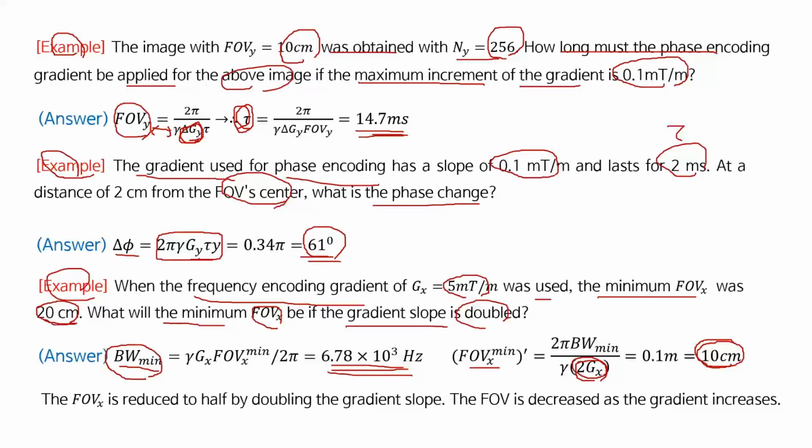It was 20 centimeter, and now 10 centimeter. So FOVX is reduced to half by doubling the gradient slope. The FOVX is decreased as the gradient increases.